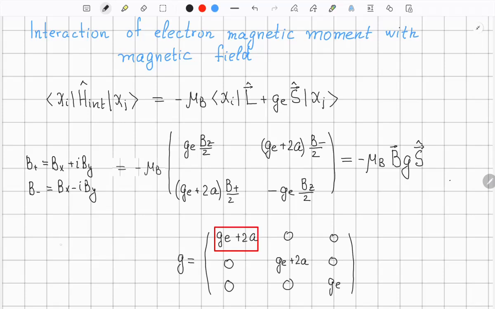The components gxx and gyy, which depend on the strength of the spin-orbit coupling and the electric field, are equal. However, gzz differs from them, indicating the presence of anisotropy. In other words, the position of Zeeman interaction energy levels depends on the orientation of the magnetic field, specifically in our case with respect to the electric field.